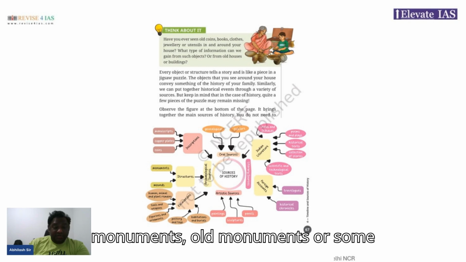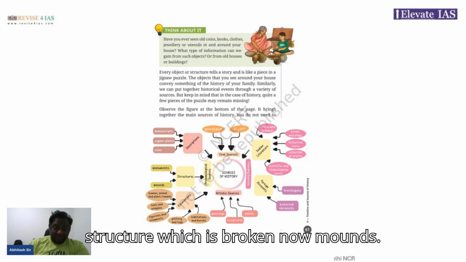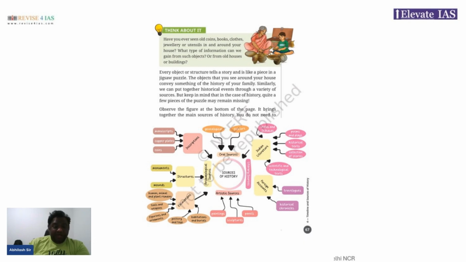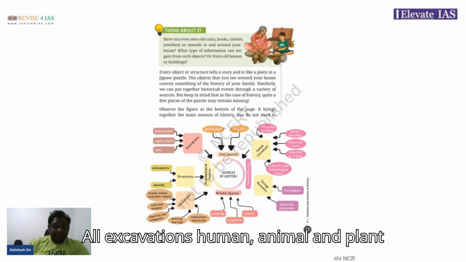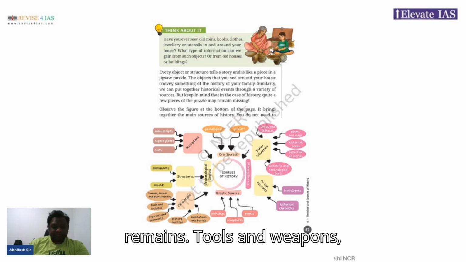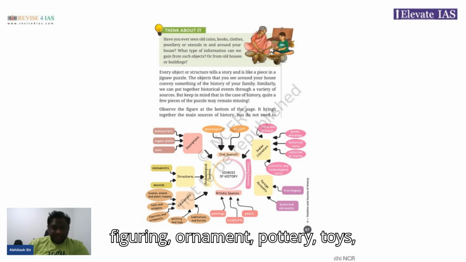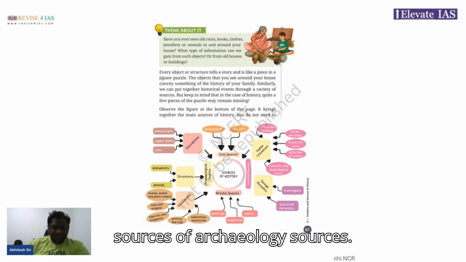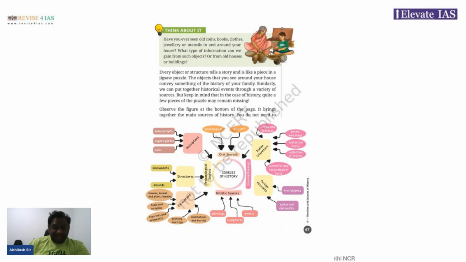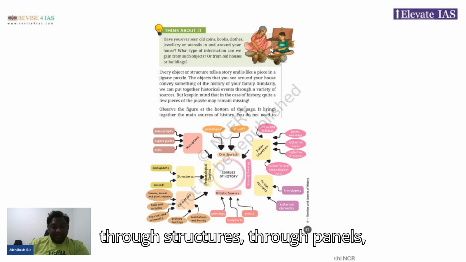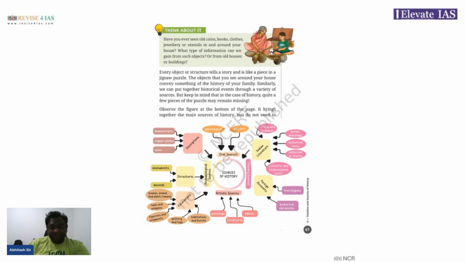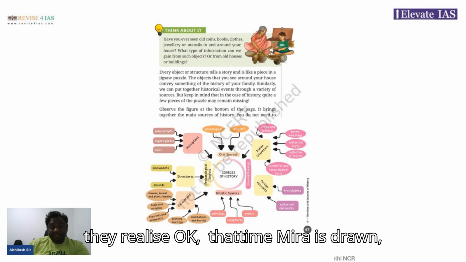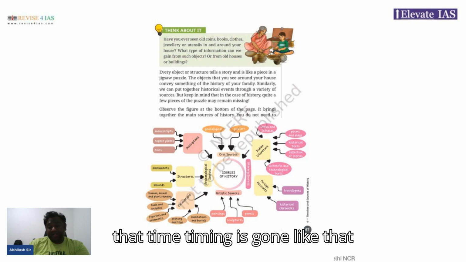You see the old monuments or some structure which is broken now, mounds or excavations, human, animal and plant remains, tools and weapons, figurines, ornaments, pottery, toys, habitation, burials. These become archaeological sources. Then there are artistic sources through paintings, sculptures, and panels. They realize that that era is drawn, that timing is shown, like that.